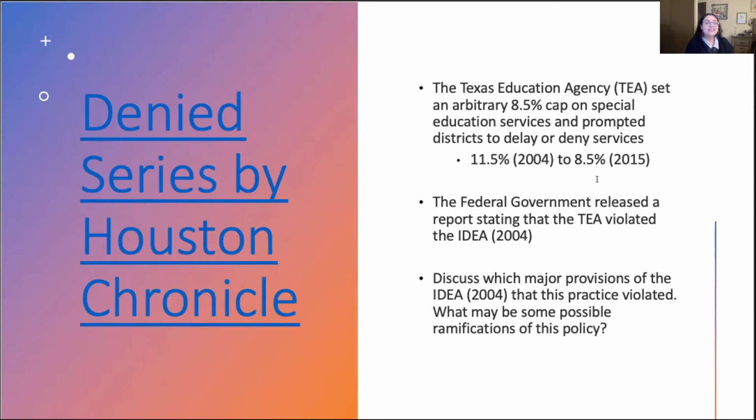So Texas decided that they are going to offer special education services to 8.5% of their student population. I'm sure it's a financial reason why they chose 8.5%. But as a comparison, in 2004, they had 11.5% of their student population across the entire state be eligible for special education services.